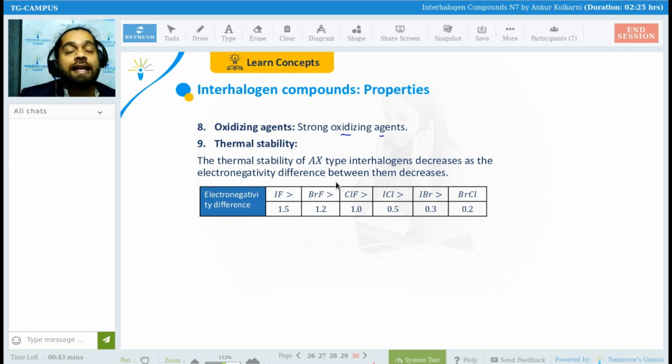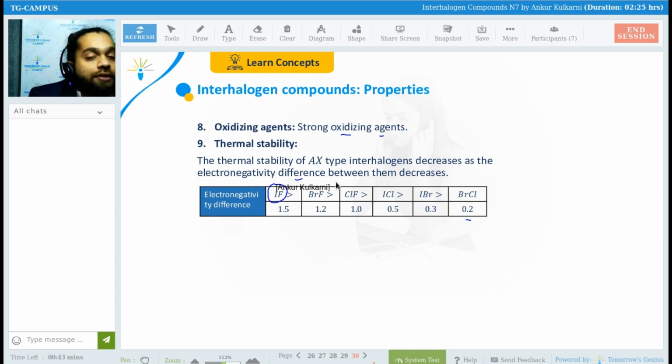As the electronegativity difference decreases, polarity decreases, the repulsion decreases, and the thermal stability becomes stronger.